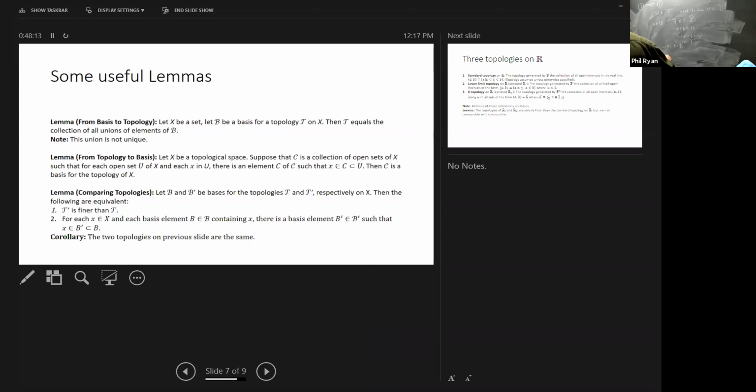B is an element of the topology T, but T is coarser than T prime, so T is actually contained within T prime. And T prime is generated by B prime, so therefore there exists a B prime such that X is going to be in B prime, and that's going to be contained within B.